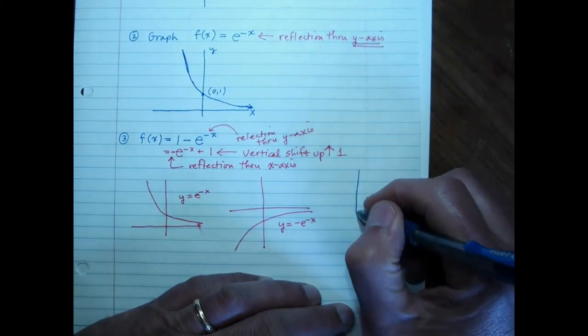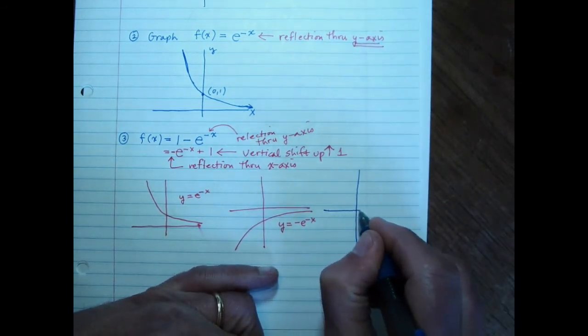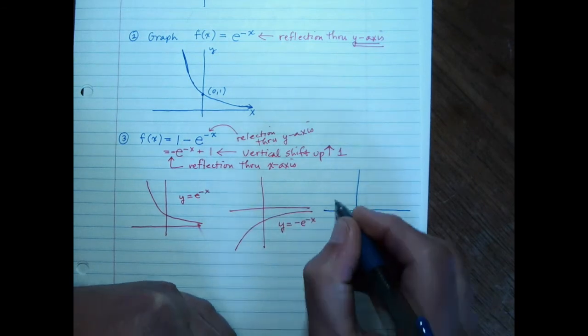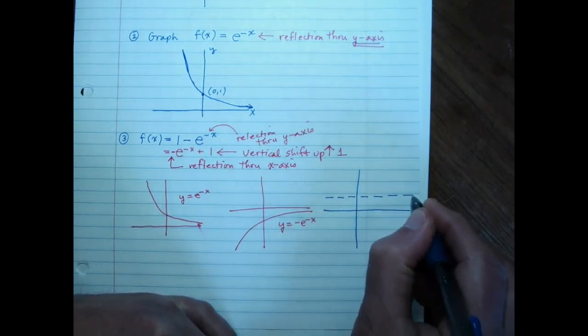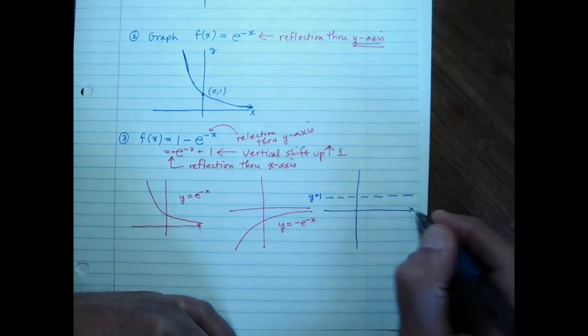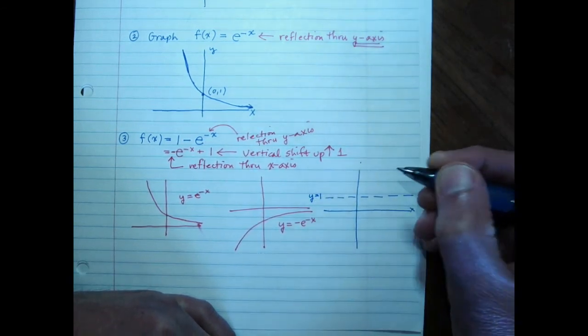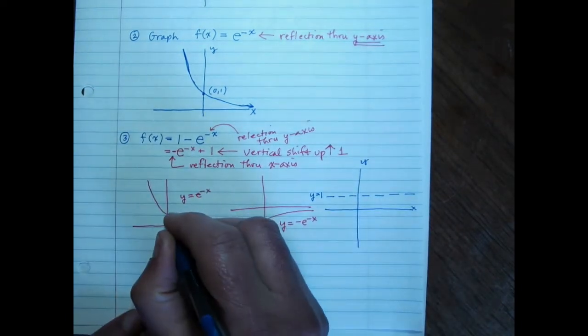If I can do that a little neater. When I do the vertical shift, the horizontal asymptote moves, so I got to indicate that. That's y equals 1. Now it's not so obvious where the y-intercept ends up.